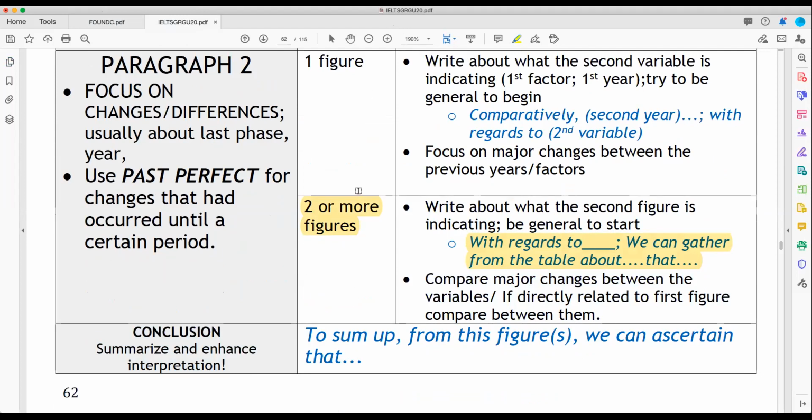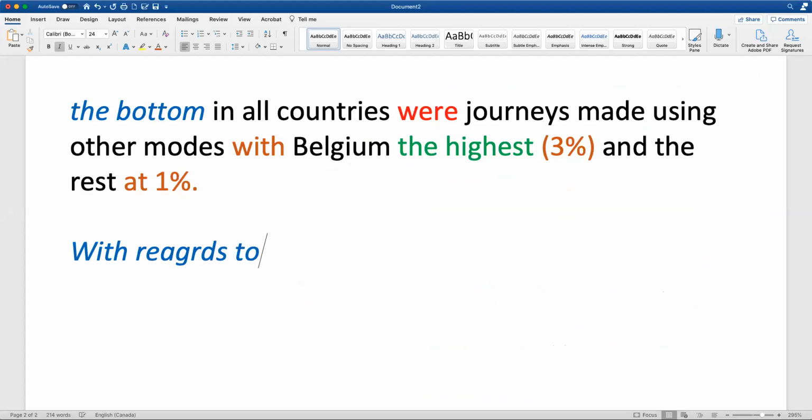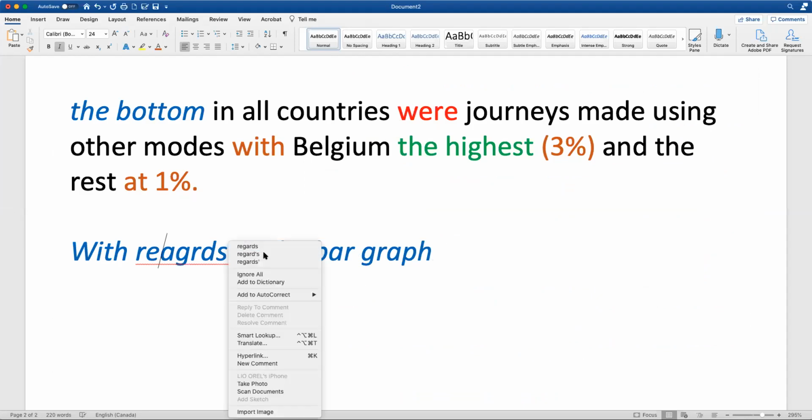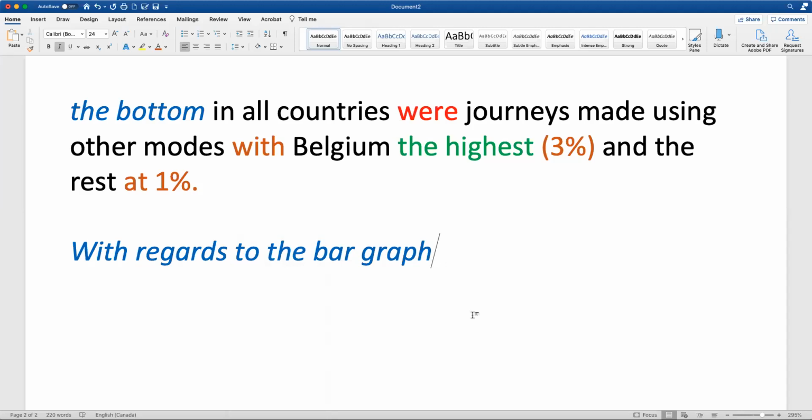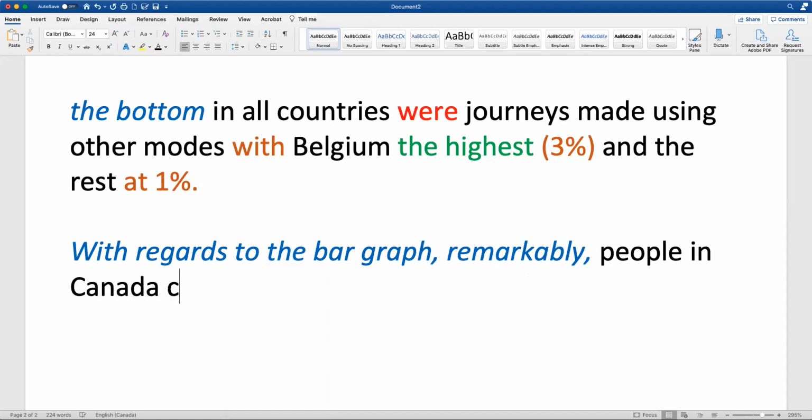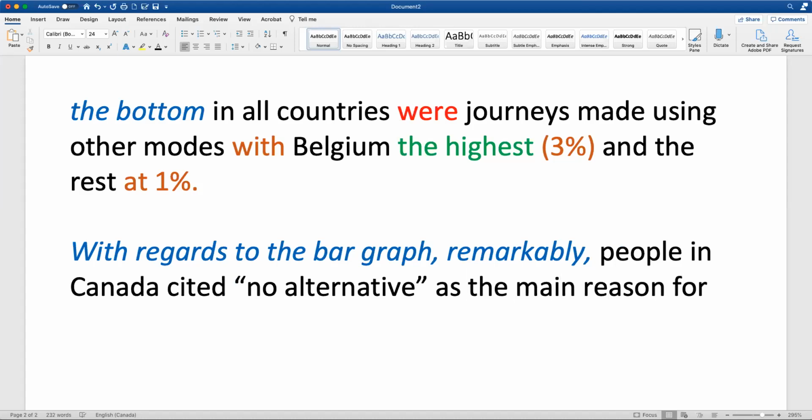So, with regards to the bar graph, remarkably, that's our connector, cited no alternative as the main reason for traveling to work by car.